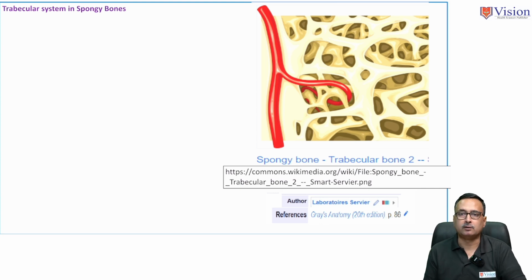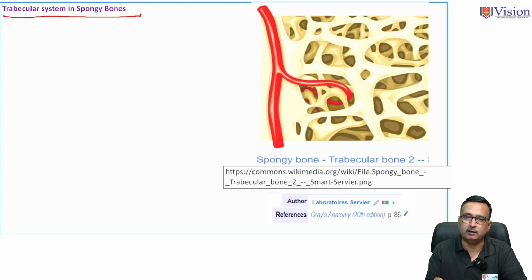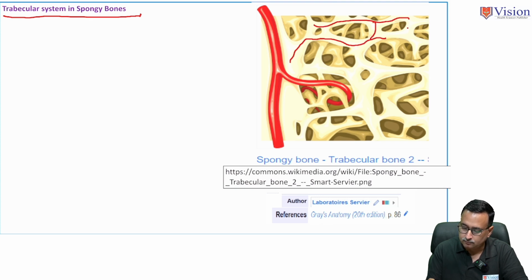Spongy bone is characterized by the presence of a trabecular system. A trabecular system is a network of highly irregular and branched pattern in bone, like this in this diagram. These are trabeculae. In between trabeculae, there are spaces, and these spaces are called marrow spaces.